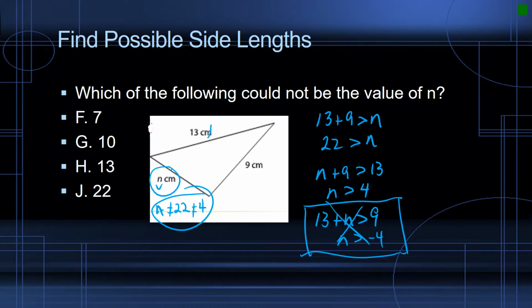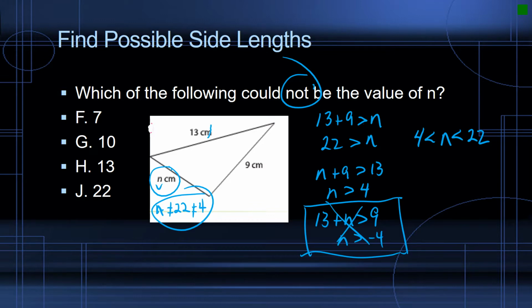So this gives us a range of where n must fall. n has got to be greater than 4 but less than 22. Now, we've got a multiple choice problem here. It says, which of the following could not be the value of n?